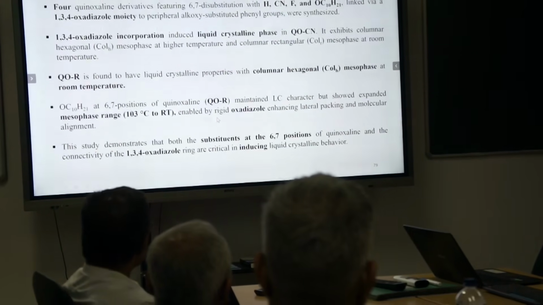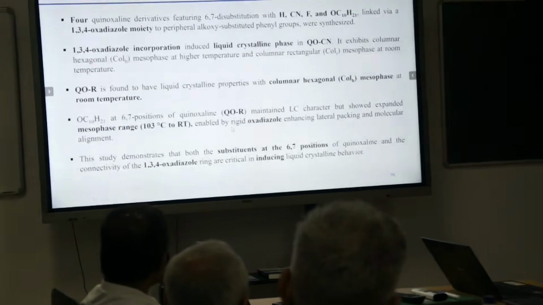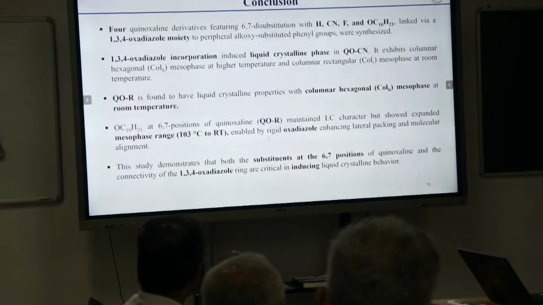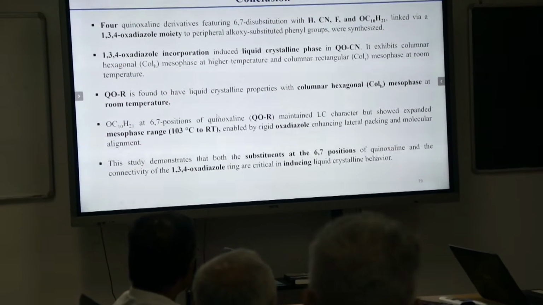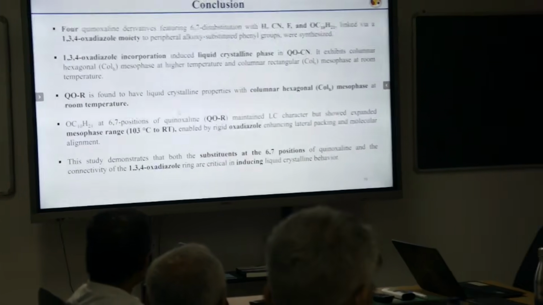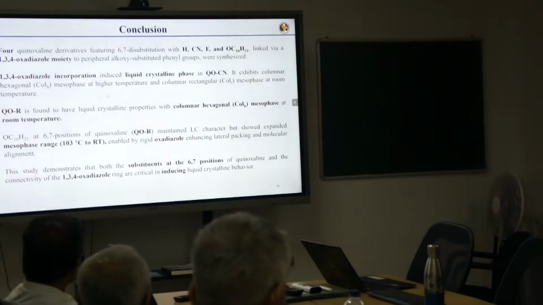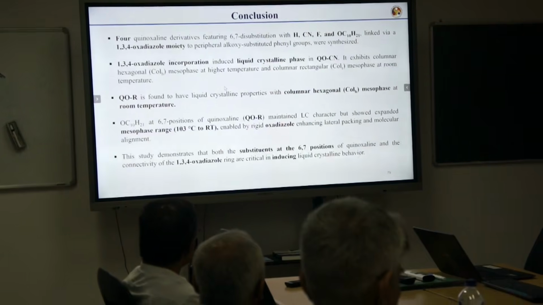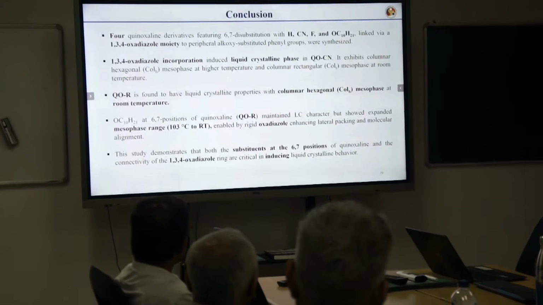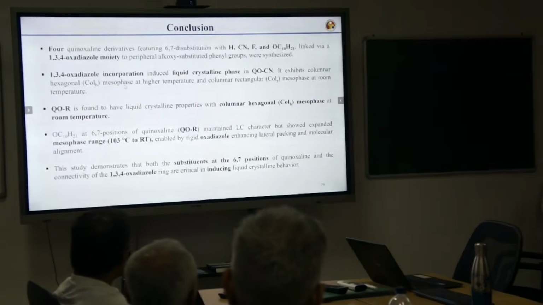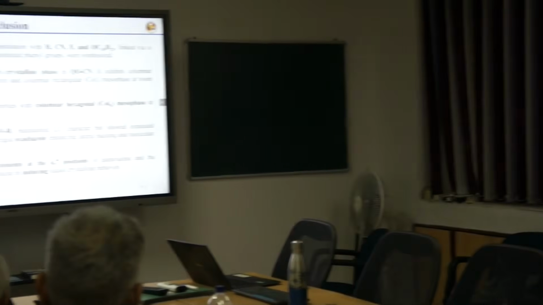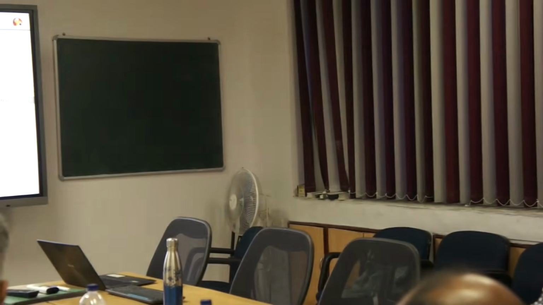So here we are coming to the characterization of the PO derivatives. Compared to chapter 2, where we had ester linkage, the incorporation of this oxadiazole induces liquid crystalline character.